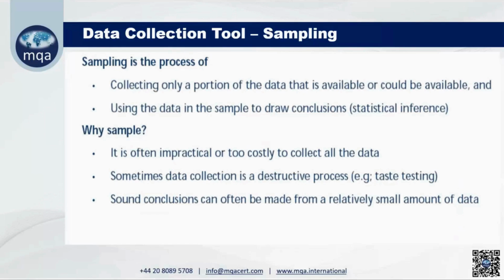Now, this is very simple to understand that we can conclude about the batch from 1 or 2 parts only. Like for example, if I receive nickel coated components, 150 or 200 numbers.